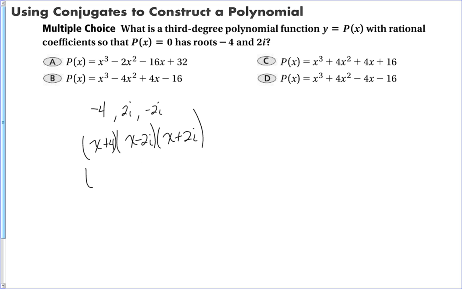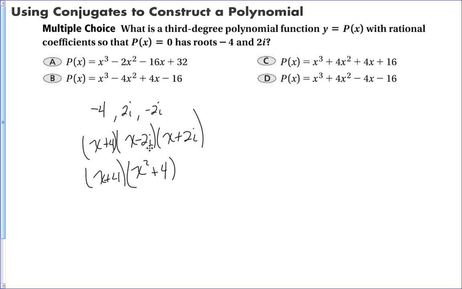All right, let's leave the x plus 4 alone for now. This here will go to x squared plus 4, because remember, this is one of our special cases. This is a plus bi and a minus bi. It simply goes to a squared plus b squared, a being 1 and b being 2, not the i.